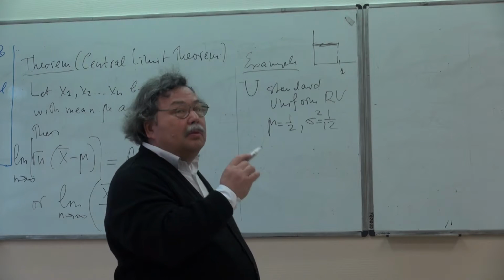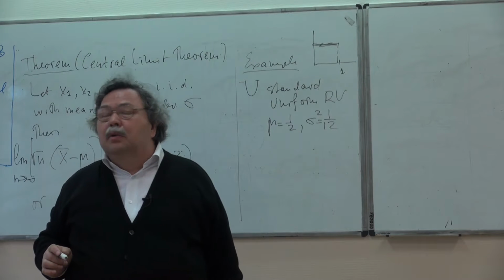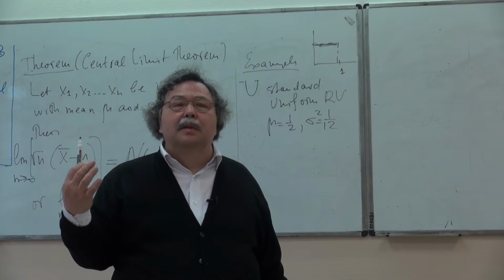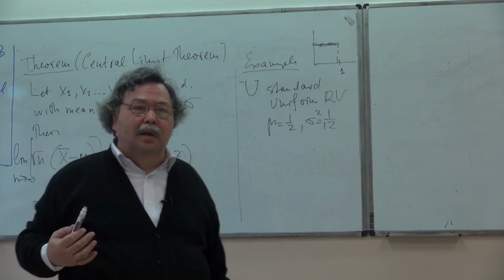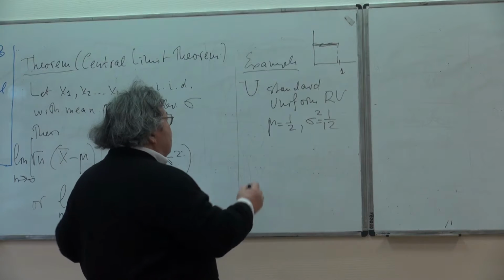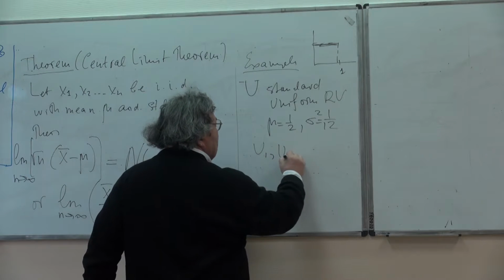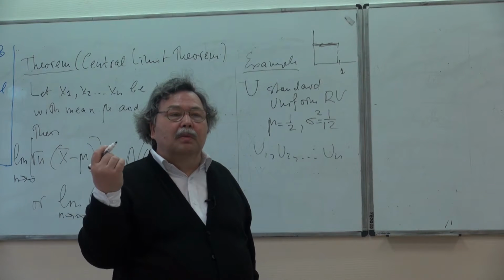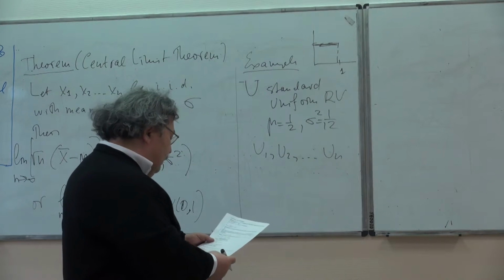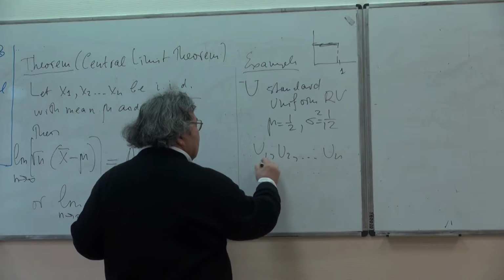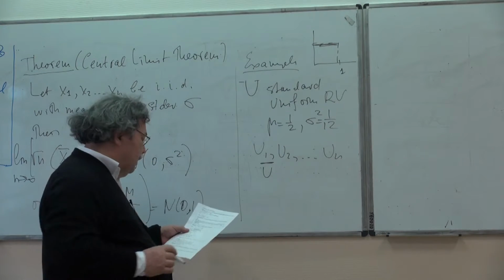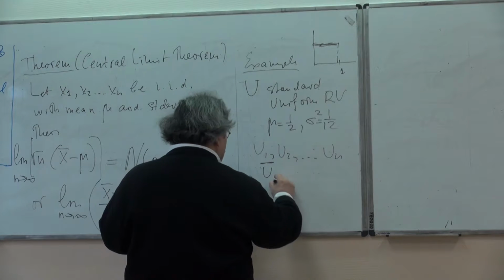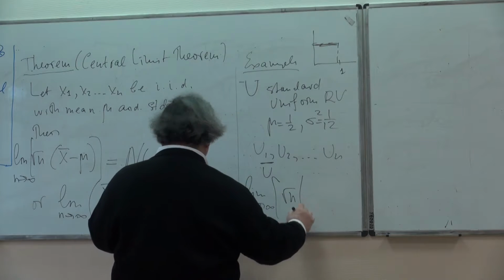And although this distribution does not at all look like normal, and it doesn't look promising in terms of creating a normal distribution somehow, still, suppose we take a large number of independent copies of this random variable, and take u bar, the arithmetic average.